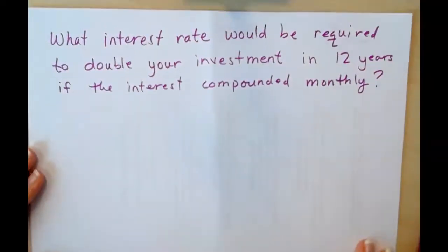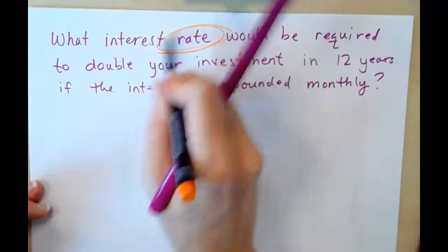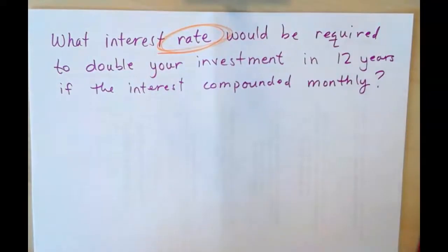Okay. What interest rate would be required to double your investment in 12 years if the interest is compounded monthly? So, what are we going after here? We're after R. Now, this is similar to one that we did in class. Am I giving you a principal?